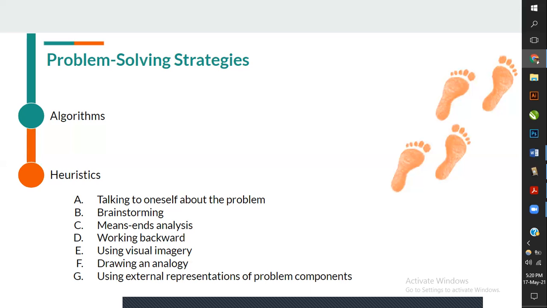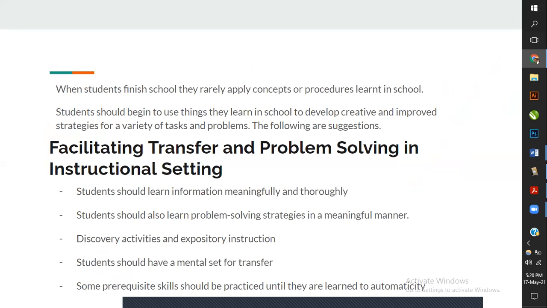Okay, facilitating transfer and problem solving in instructional settings. So when a student finishes school, they really apply these concepts or procedures that they learned in school, right? So facilitating transfer and problem solving in instructional settings.